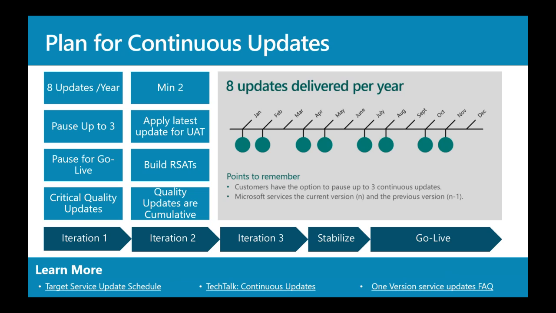Even if you have the ability to pause, it's not a recommendation. Because it's also important to understand that we can only service the current version, that's the one that is released, the N version in the picture here, and the previous version, the N-1.